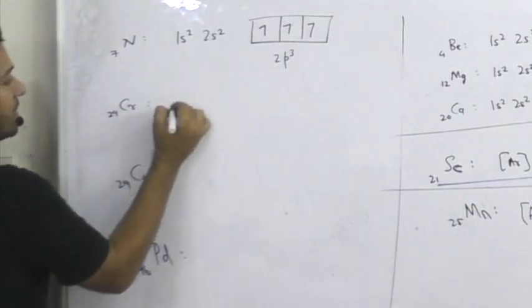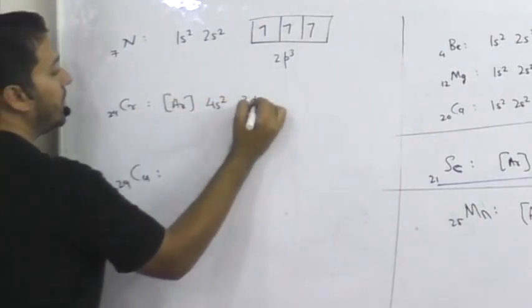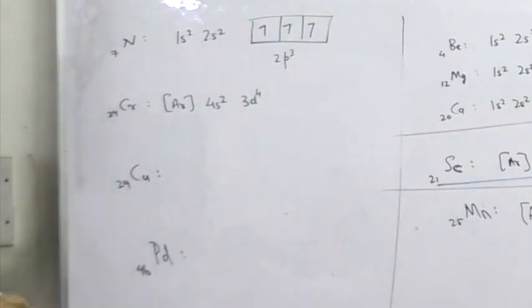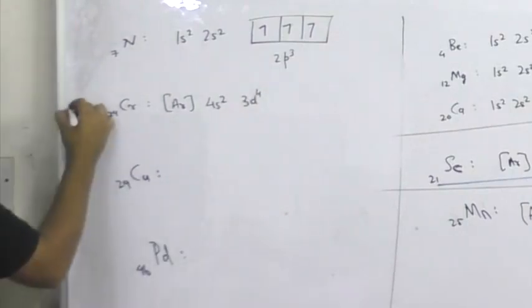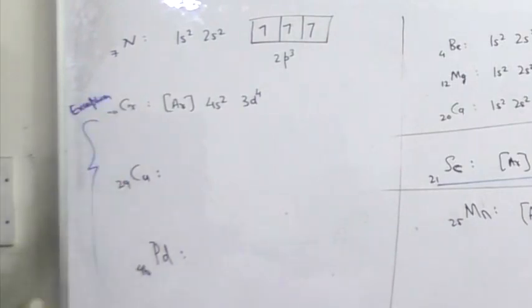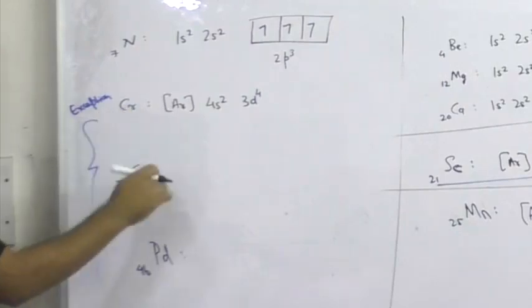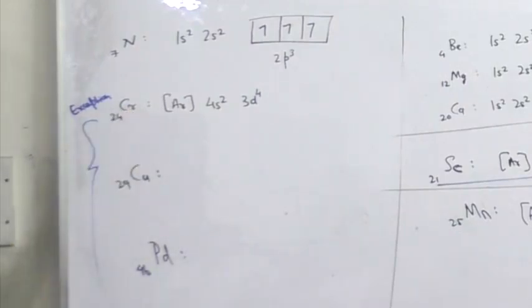Now chromium will be what? I am writing argon in short. After argon, what should it be? 4s2, 3d4. But there is an exception here. In fact, these 3 are exceptions, which you have to remember. Chromium, copper and palladium are exceptions which you have to remember.